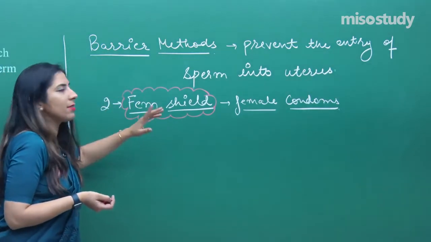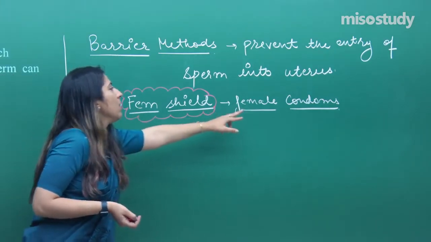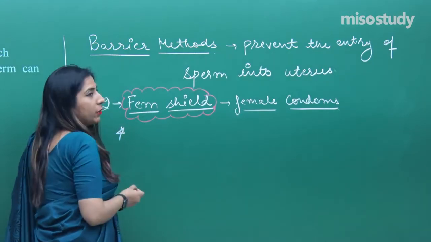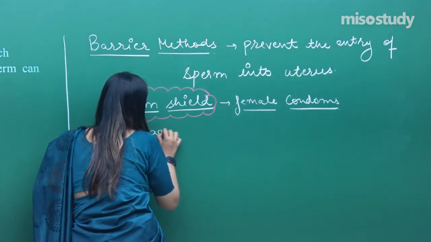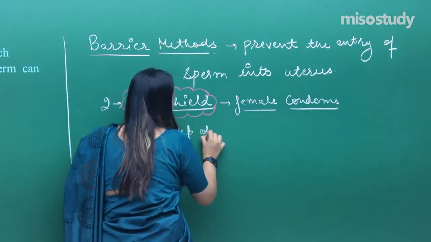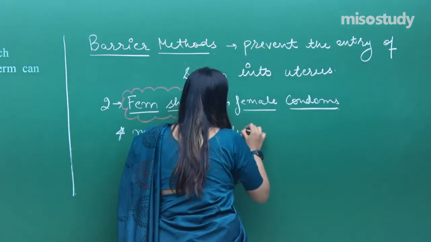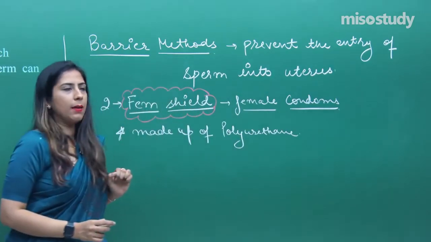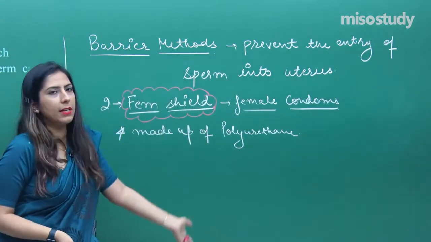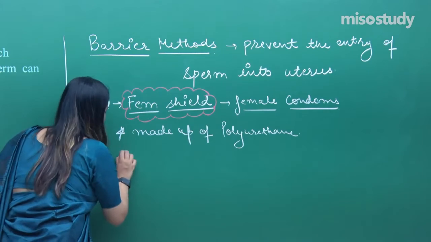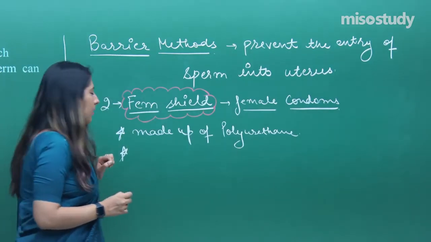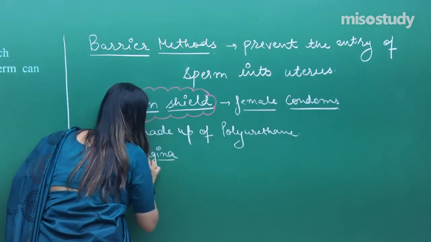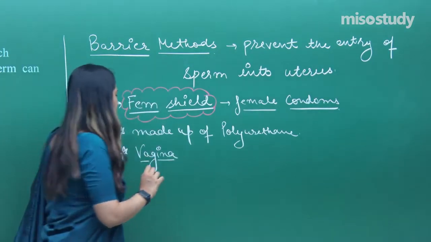The first was the condom, and the second is the Femshield, which is also called the female condom, and it is made up of a chemical called polyurethane. It is used by the female, as the name indicates. The female wears this over the vagina or external genitalia. It covers the whole vagina and external genitalia.